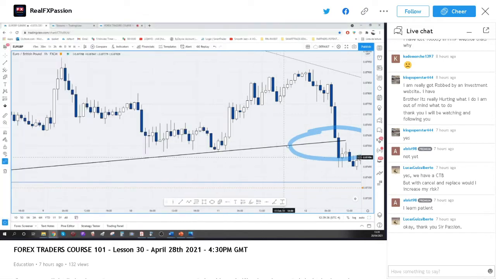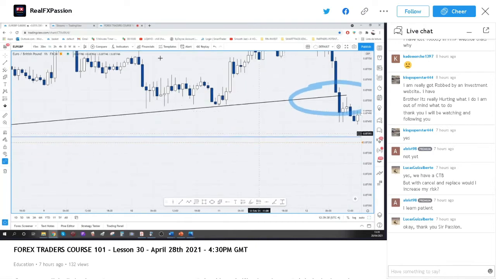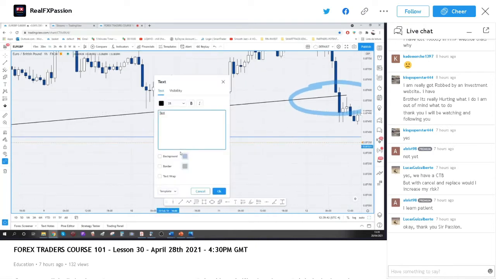And rules, right? Let's write some rules. Okay, rules. Rules. Number one, let's try to sell bearish candlestick formations with CTB, which stands for a counter trend line break.